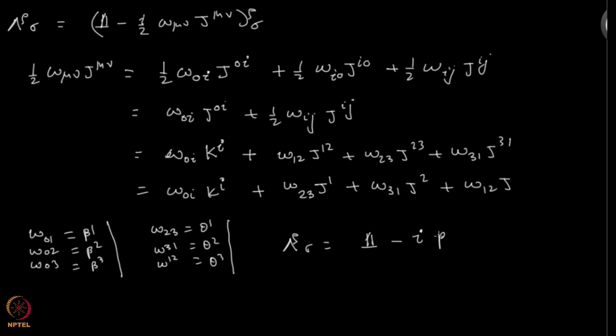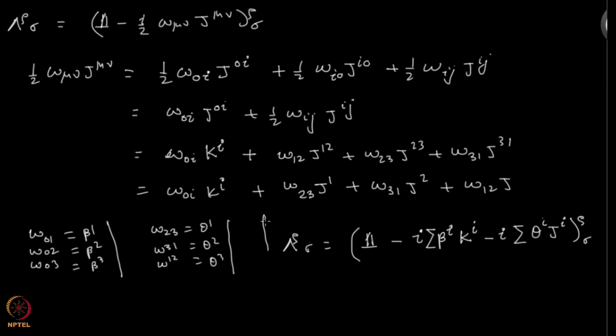Then I get, with these new names, the lambda matrix rho sigma to be identity minus i. Okay, half I have already taken care of in this, beta i K i, this is a summation over i from 1 to 3, minus theta i j i. Okay, again there is a summation from 1 to 3, rho sigma.